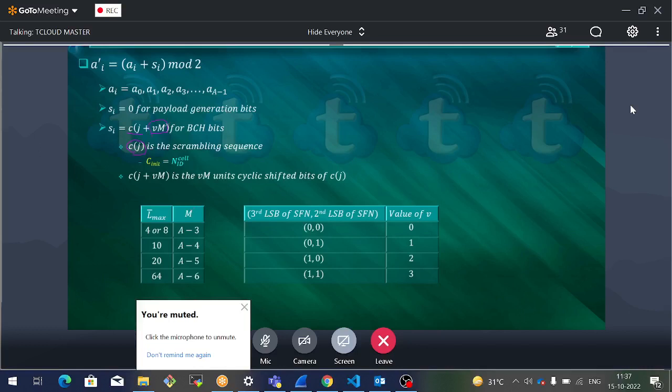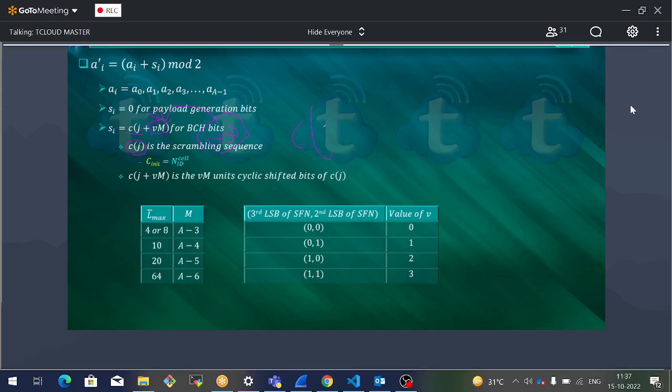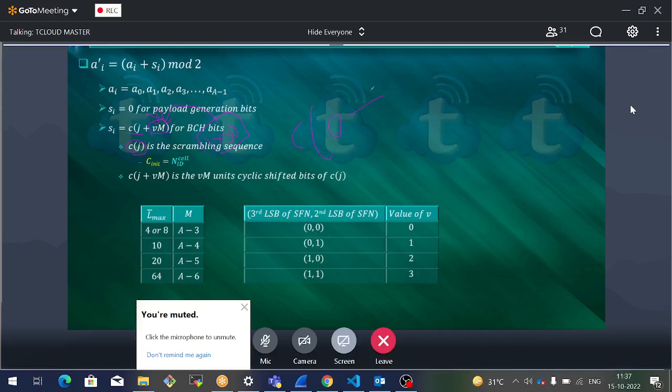For example, if M turned out to be 30, let us suppose V turned out to be 1, so the VM value will become 30. Now, if you substitute 30 in C of J plus Vm, if you wanted to find out the first bit here, you have to substitute 0 plus 30. That means the first SFI bit is the 30th bit of the scrambling code.